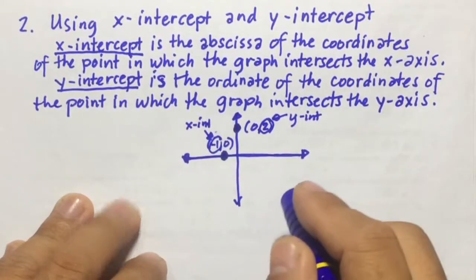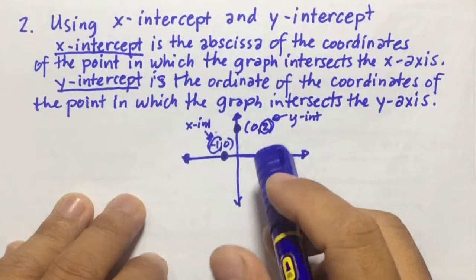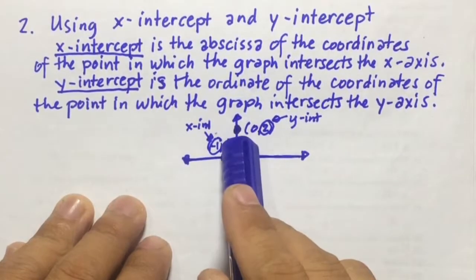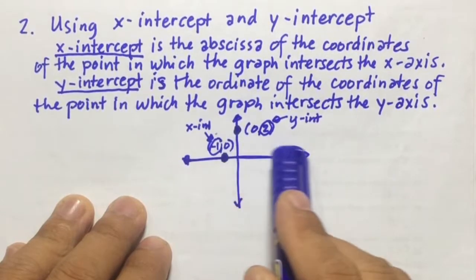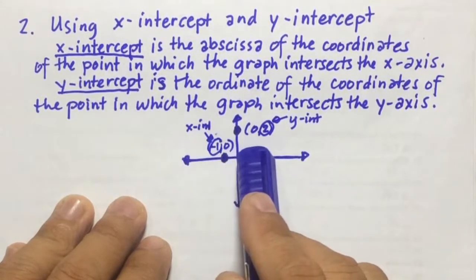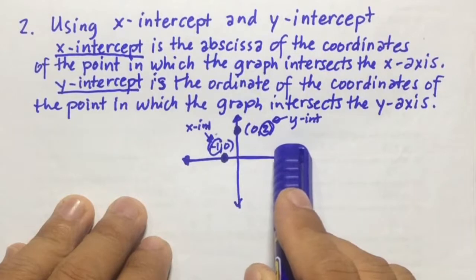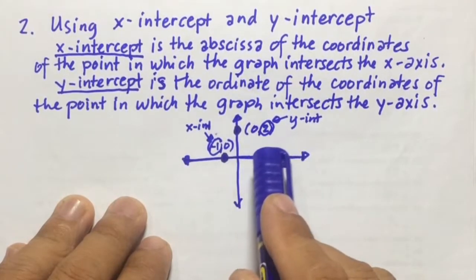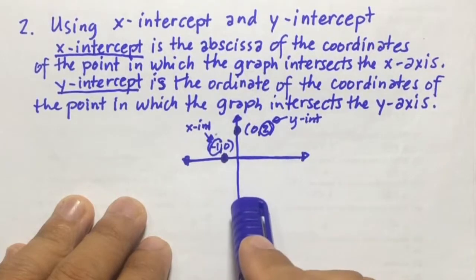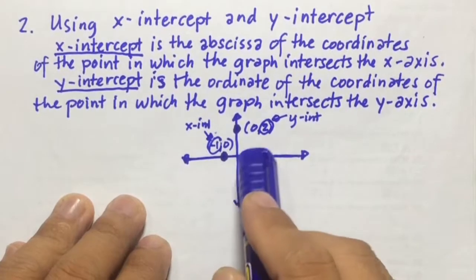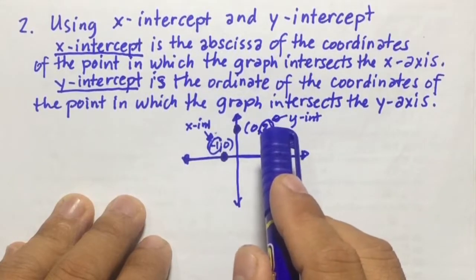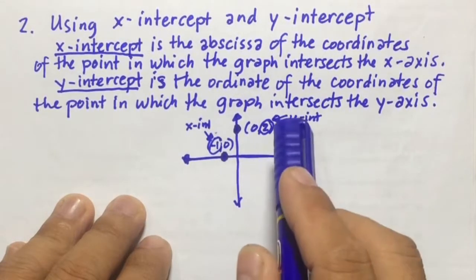Now this means that if we have the x-intercept, automatically the value of y here is always 0, as we have seen here. So any of the points that lie on the x-axis means that the value of y, or the ordinate, is 0. And any of the points that belong to the y-axis, the abscissa or the x is equal to 0.